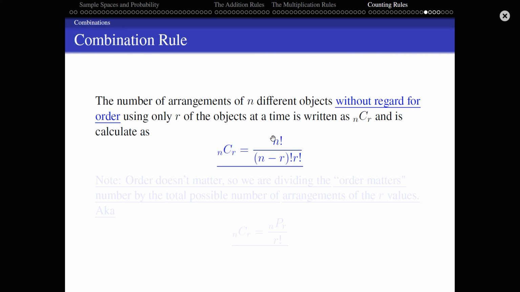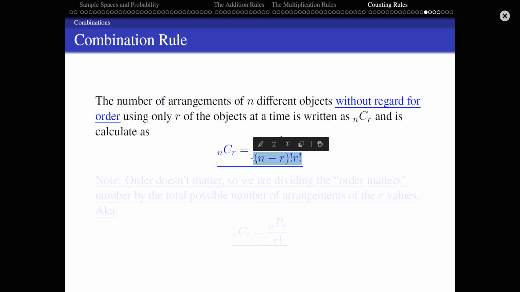In the combination, we still have n factorial divided by n minus r factorial, and we still have to do the stuff in parentheses first. However, in the combination, there's an additional element, r factorial, on the bottom. Now let me give you a big warning. Write this down for when you're practicing on your homework. You do the n minus r first, and you get whatever that number is, factorial.